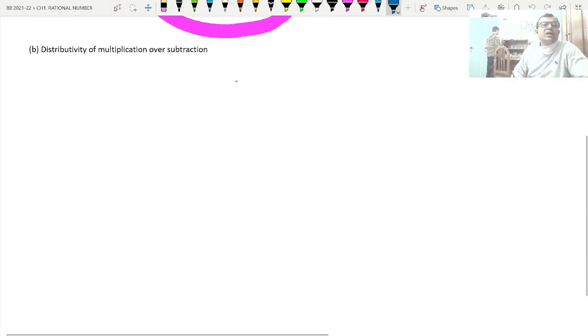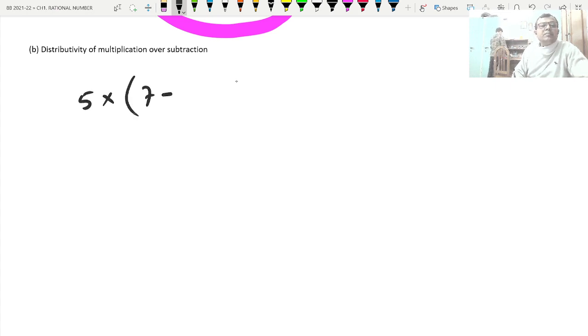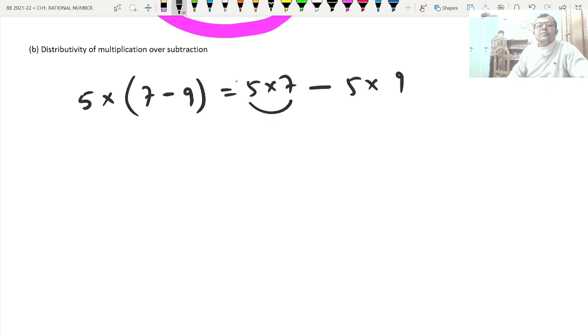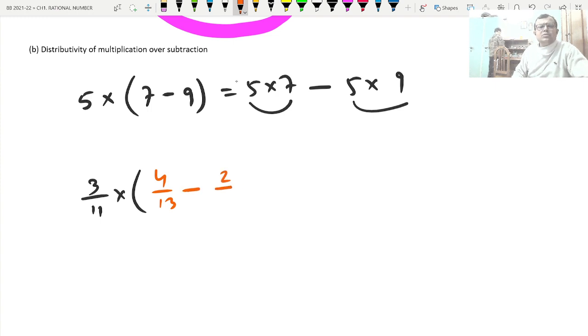For subtraction, suppose same thing only, 5 multiplied by 7 minus 9. So how will you distribute? 5 into 7 minus 5 into 9. In case of rational numbers also, suppose 3 by 11 multiplied by 4 by 13 minus 2 by 7.